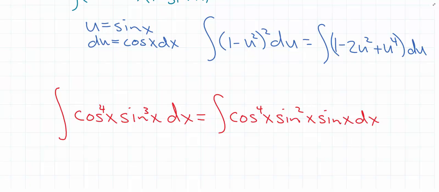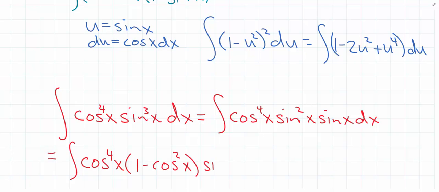The reason I did that is because I would like to write that sine squared in terms of cosine. So, in other words, I know I can write this as 1 minus cosine squared x, and then I've got sine x dx.